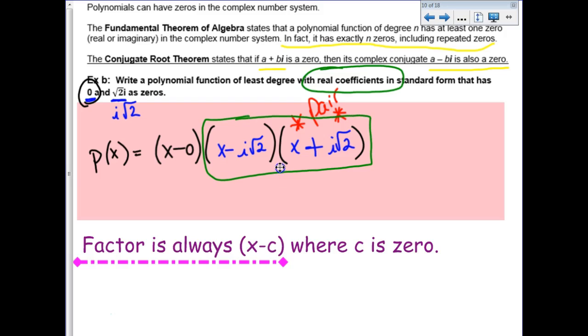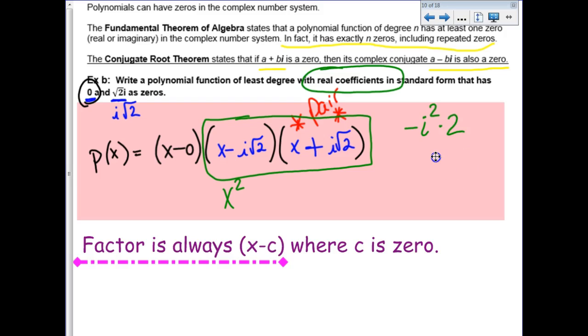But let's consider this. Let's see what happens when you multiply two conjugates together. x times x is x squared. What's going to happen with the outside and the inside terms, though? That's kind of beautiful. They're going to knock each other out. And then negative i square root of 2 times positive i square root of 2 is going to be a negative i squared times 2.